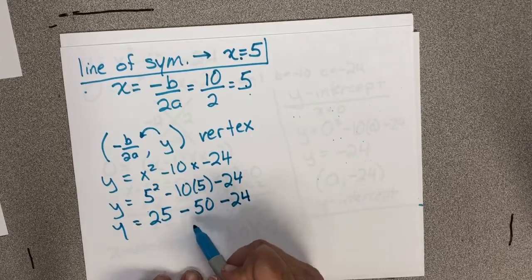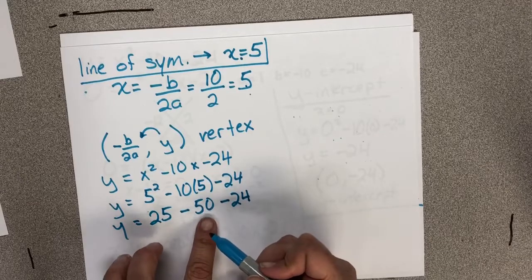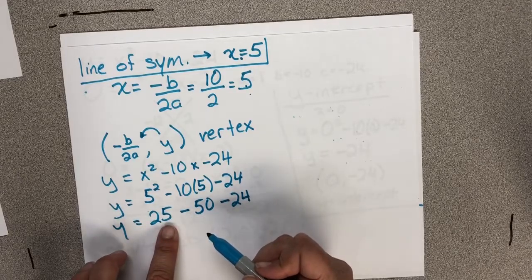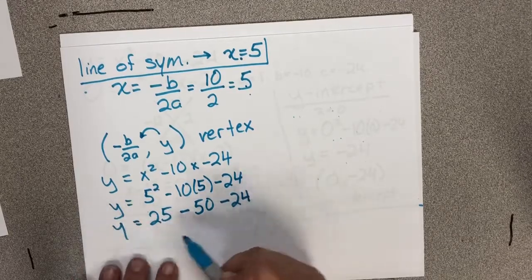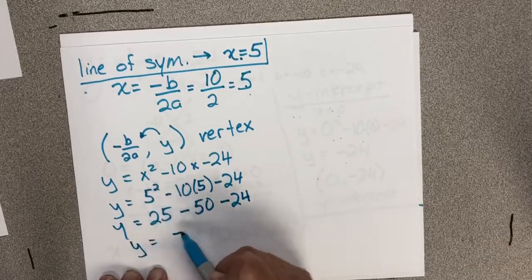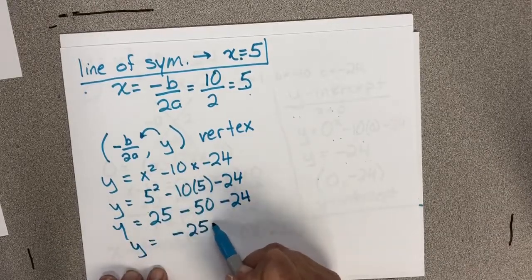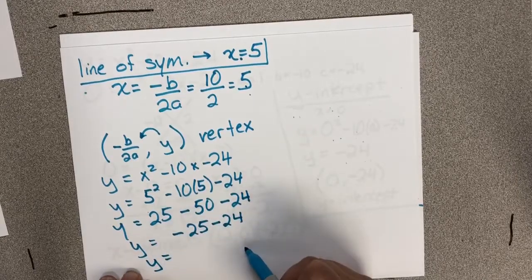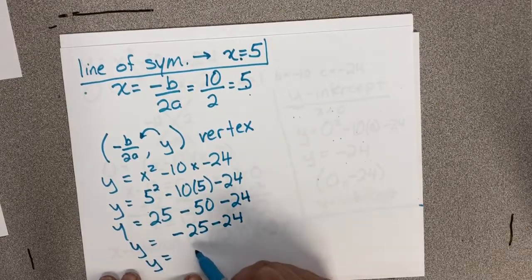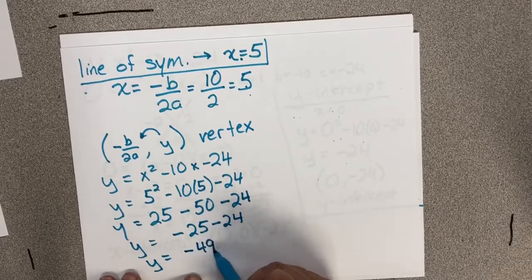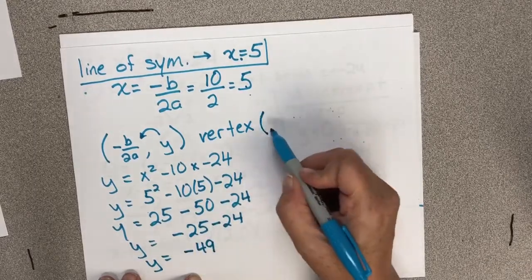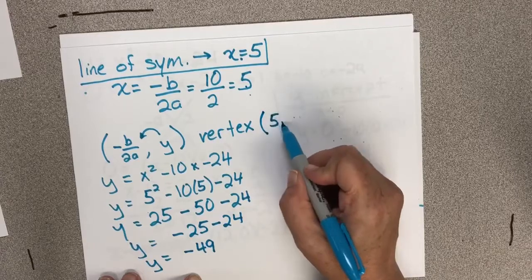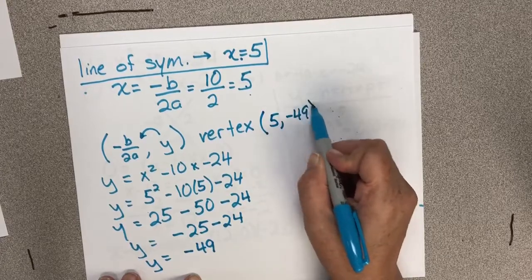25 minus 50, the signs are different, so we're going to do 50 minus 25, which gives us 25, and we'll take the sign of the larger number. So negative 25 minus 24, that means that y equals negative 49. So our vertex is 5, comma, negative 49.